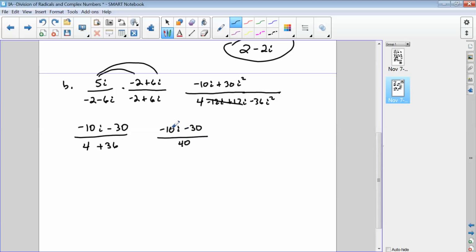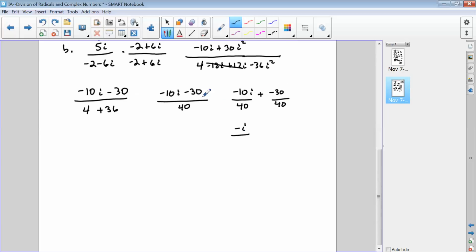And as we can see, there is a factor of 10 in every one of these. So that would be negative 10i divided by 40 plus negative 30 divided by 40. So this would simplify to negative i divided by 4, and then negative 3 divided by 4.